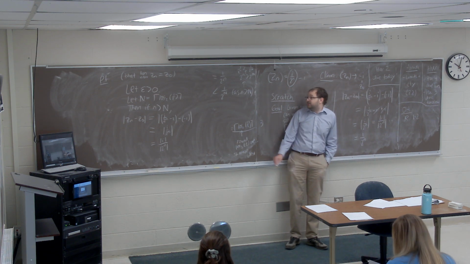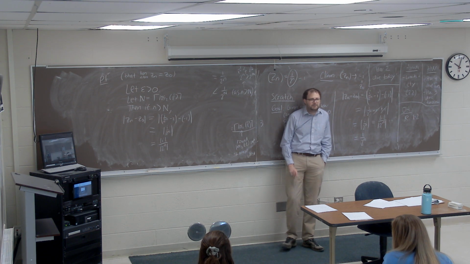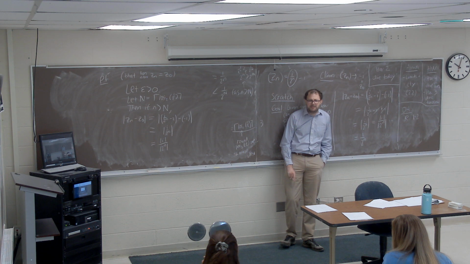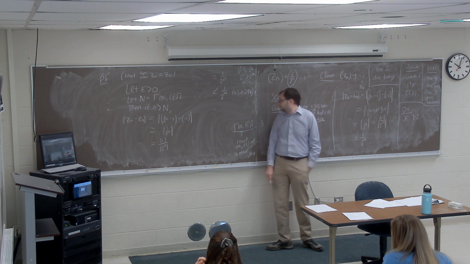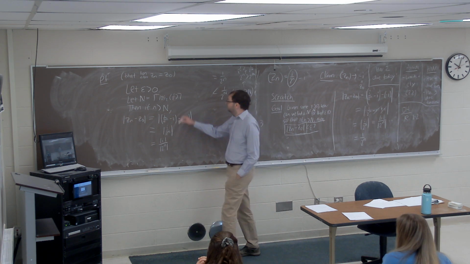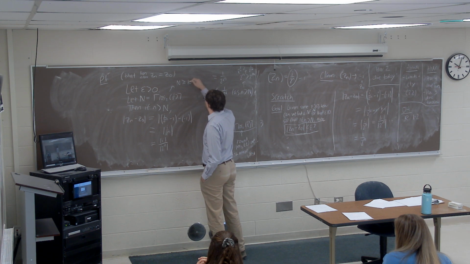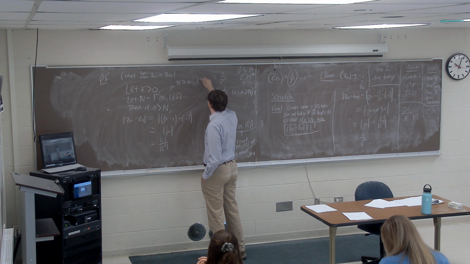All right, so we have 1 over 2 to the big N showing up. Ginger, how can we relate that back to epsilon somehow? So since big N is the ceiling of log base 2 of 1 over epsilon, we know that big N is always going to be greater than or equal to the log base 2 of 1 over epsilon.